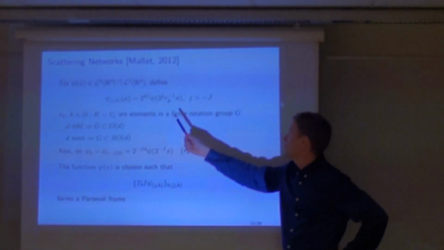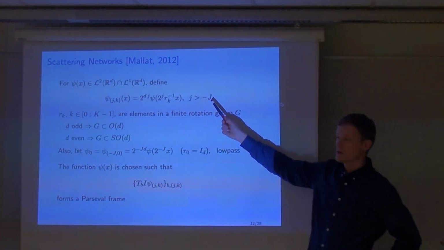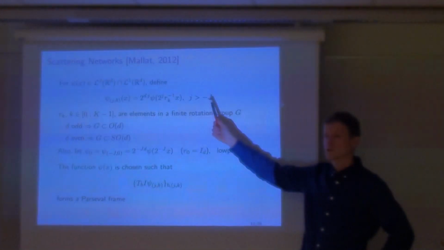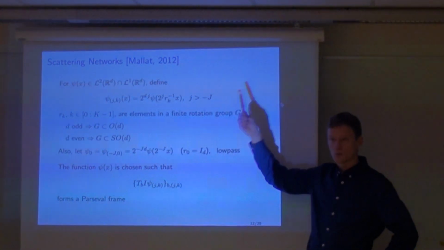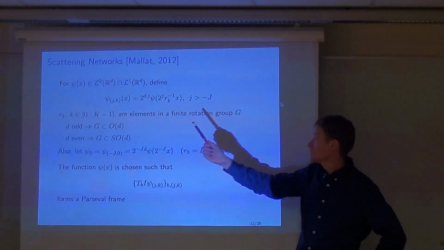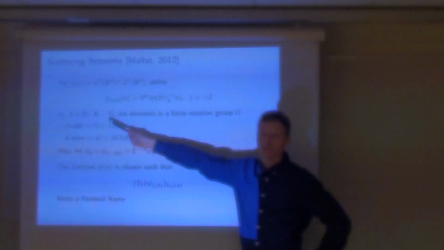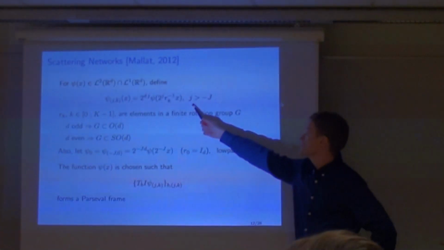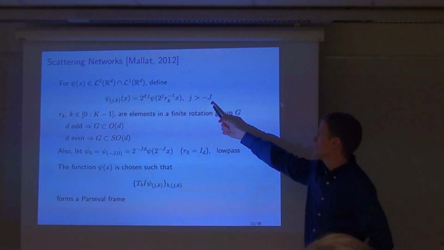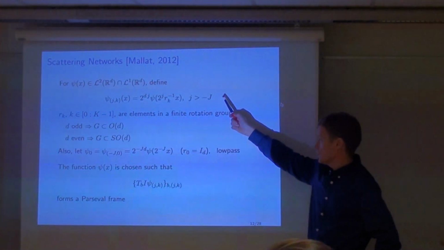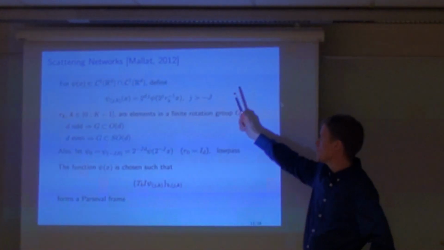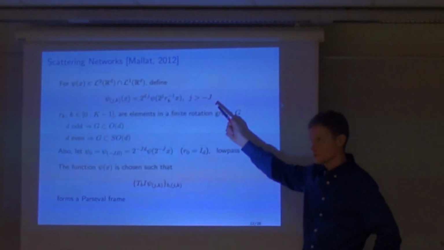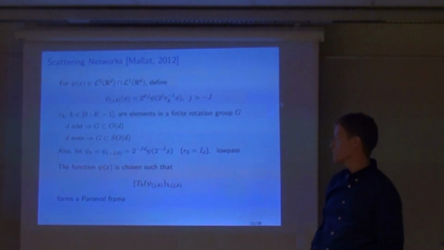This is indexed by j from minus big J. So this is a fixed constant, but then every other j from this on, up to infinity. But k comes from a finite set. This is for small j bigger than minus big J. And then let's also define what we get for small j equal minus big J as a special case.